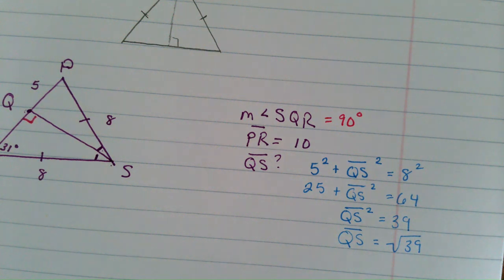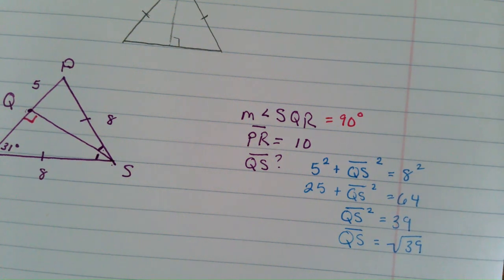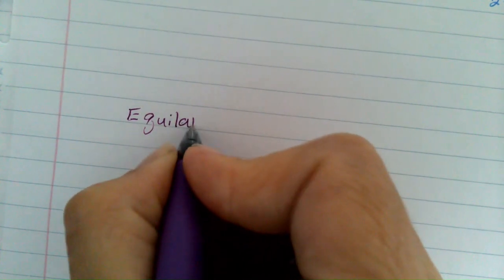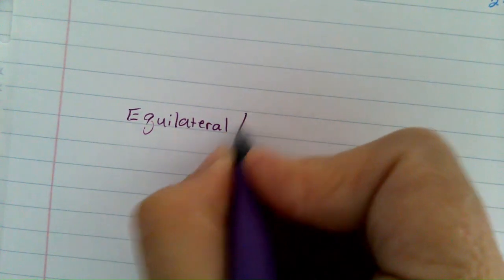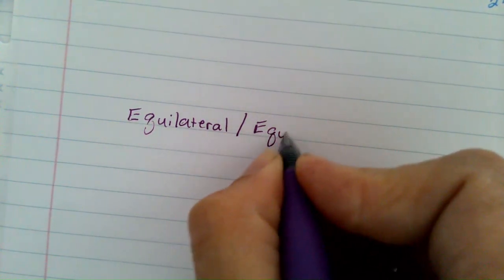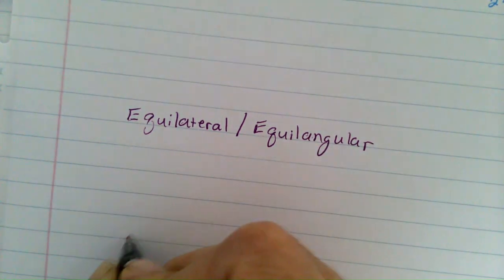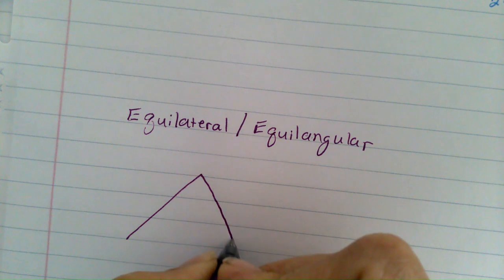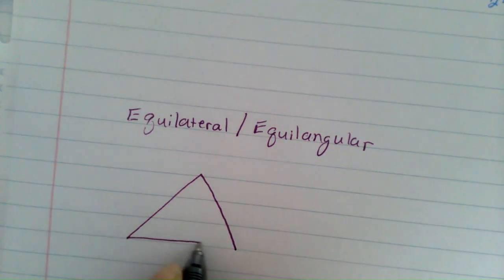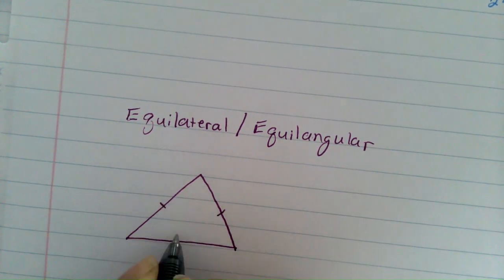The other thing that I said I'd talk about is equilateral. So sometimes I call it equilateral, sometimes I call it equiangular. Basically, it means equal, right? So equilateral or equiangular is a triangle where not 2 sides are congruent, but all 3 sides are congruent.